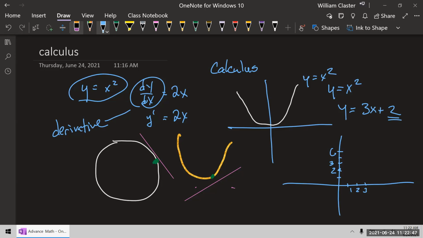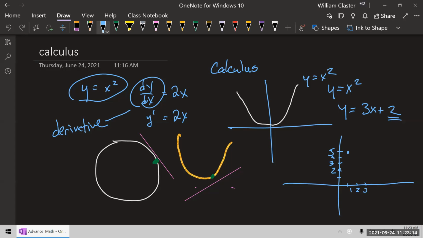That's supposed to be 5, right? 2, 3, 4, 5. So we know that if we move over 1 unit here, we go up 3 units here. So the next point is going to be here, and then the next point is going to be up higher.